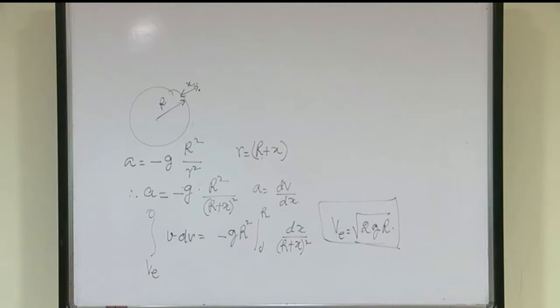Square root of 2GR. I want you to do the calculation because I need you to understand the importance of units. How will you put G? 9.81 meters per second squared, or 981 in centimeters per second squared. And then your radius, in 10 power 3. Whatever the units, you have to be consistent.